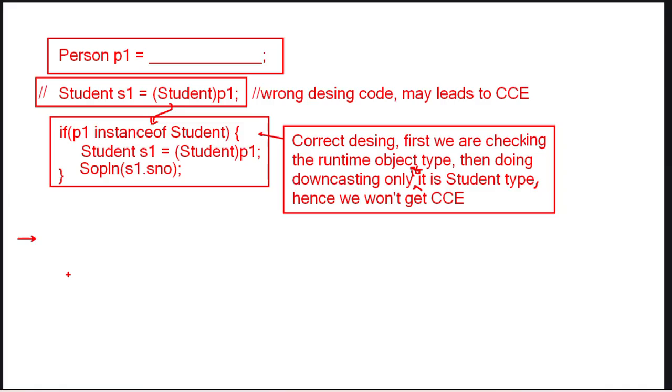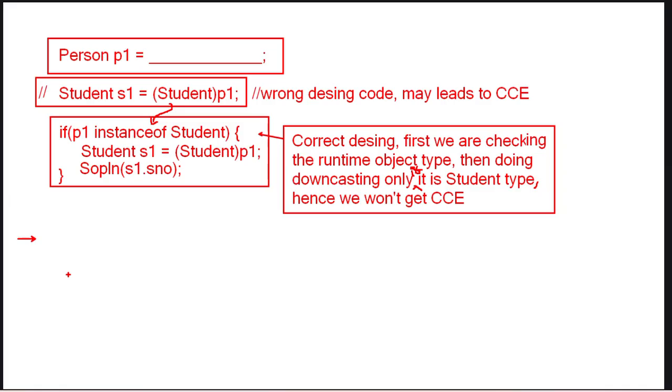If the given object is of a given class type, what is the meaning of given class object type?